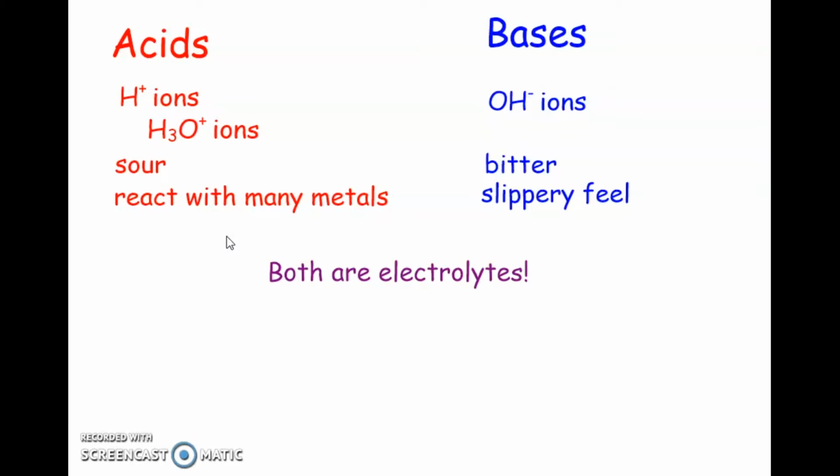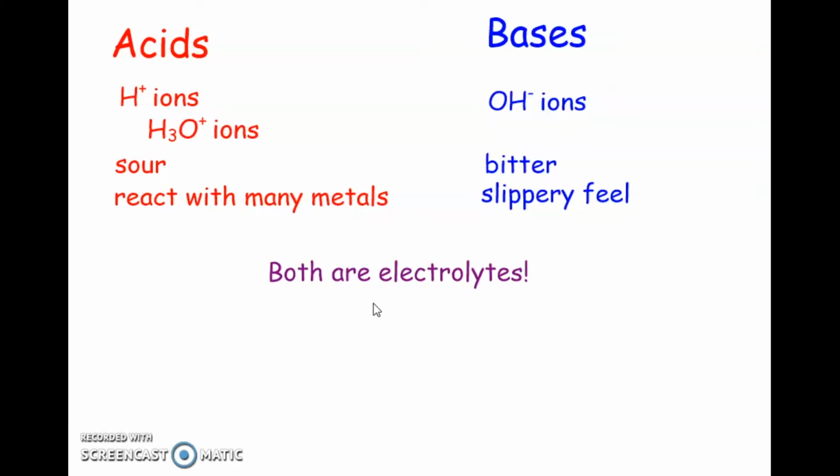One thing I do want to point out is that both acids and bases are electrolytes. Remember, an electrolyte is something that dissolves in water to produce ions so that an electric current is able to flow. Up until this point, we've said ionic compounds are electrolytes, nothing else is.